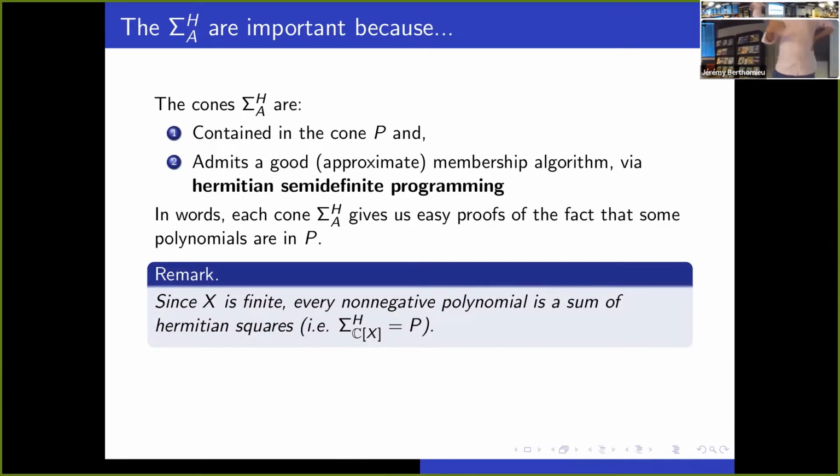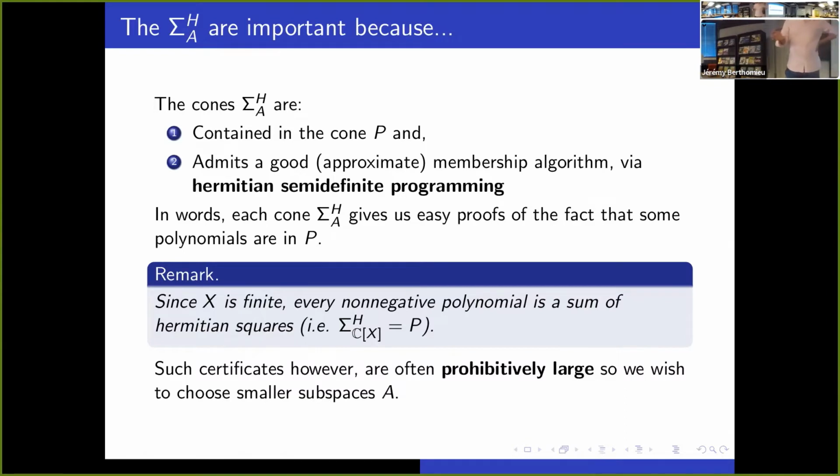This is a fact related to the Kronecker delta polynomials in this coordinate ring. So you can write every function f of X in terms of these Kronecker delta functions.